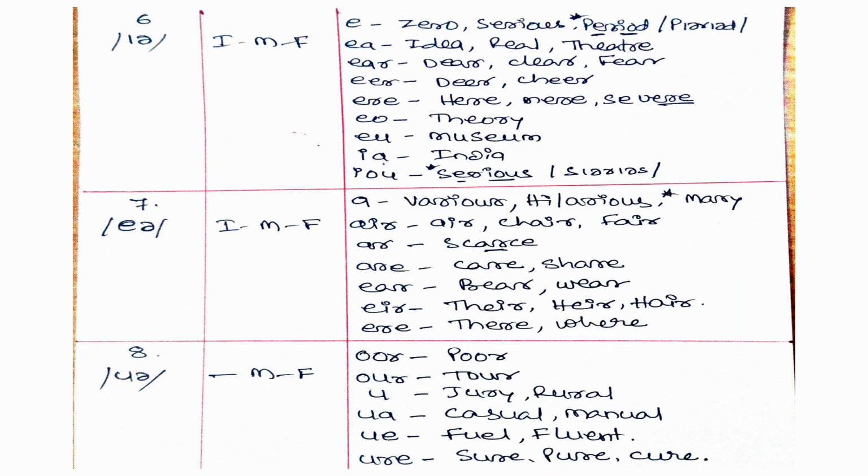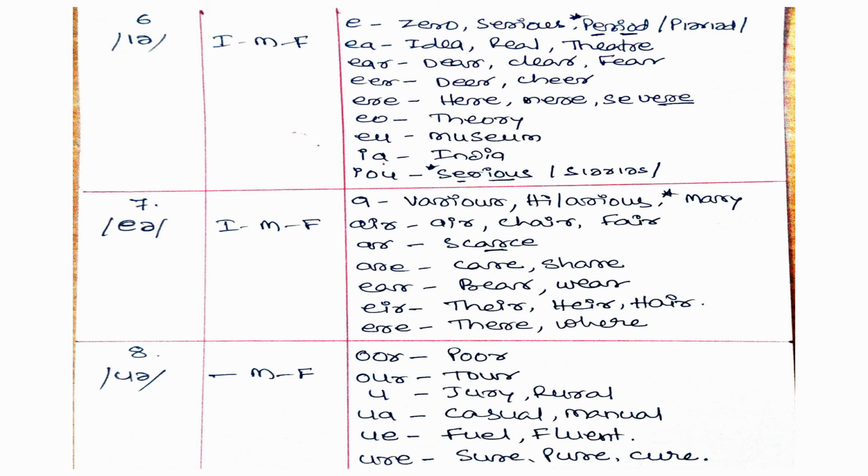Yes. Now, the spelling. AIR. It is represented with A, AIR, AR, ARE, EAR, EIR, ERE. Note down. Now, first one.